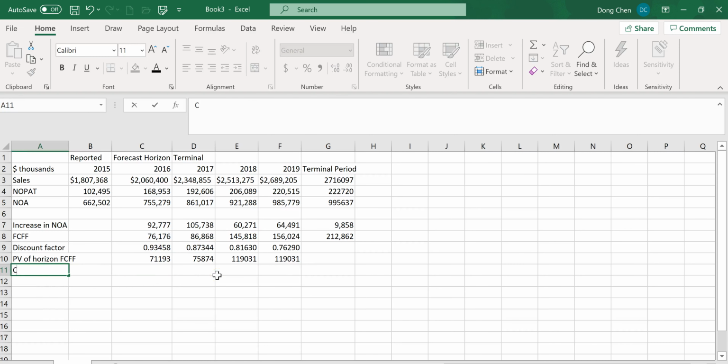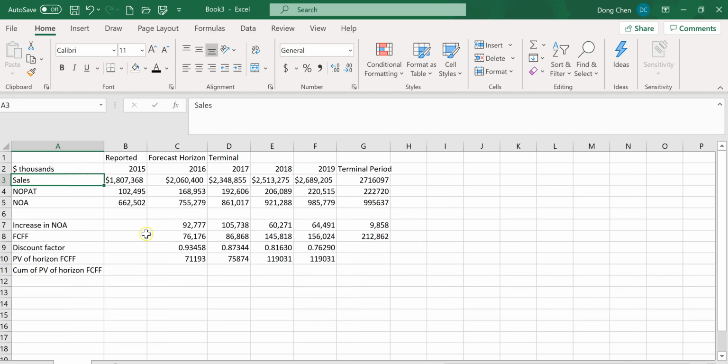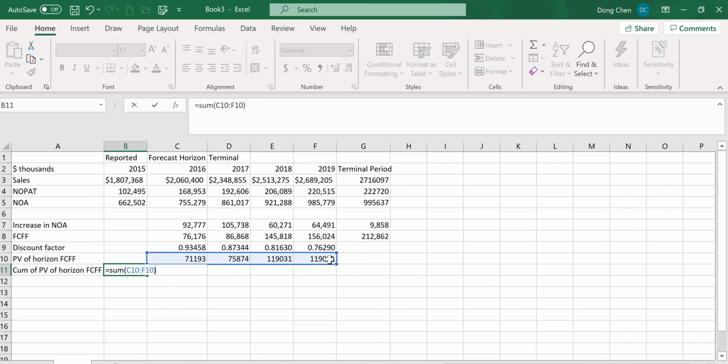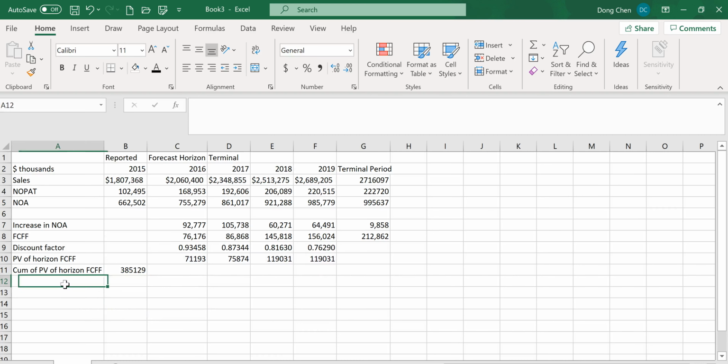Then I can calculate the cumulative present value of horizon FCFF, which is the sum of these 4 numbers, right? And then the present value of terminal FCFF.